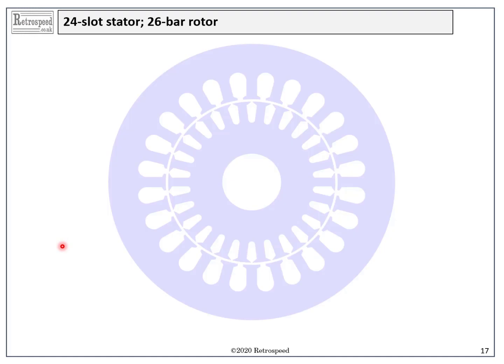Now finally, I would like to focus on a synchronous torque dip, or at least the cause of it. Here we see a combination of 24 stator slots and 26 rotor slots. It breaks more than one of the rules if you were watching carefully, and we'll see why in just a moment.